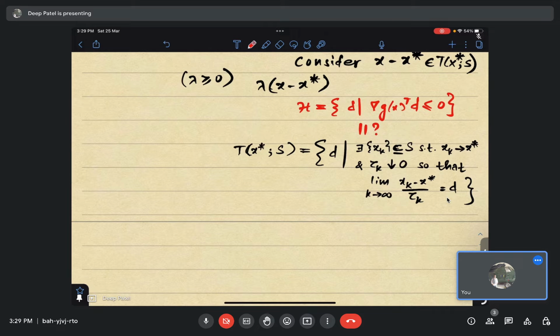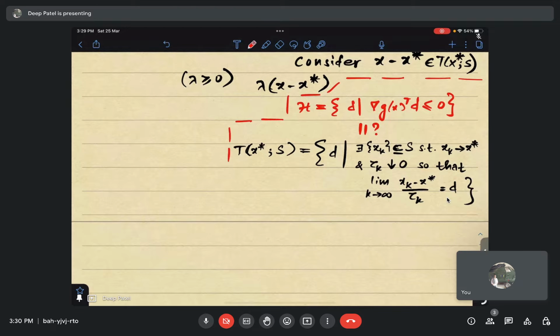So how do we do this? This half space is equivalent to this. Then we try to use the definition itself of the tangent cone to see if that lies in the half space.